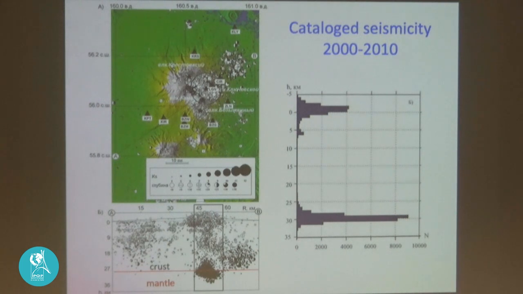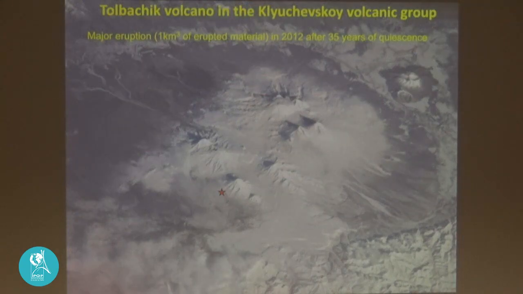I will just show you briefly that it turns out that most of these earthquakes are long period earthquakes. In the study I show you, we focused on the period from 2011 to 2012, because this was a preparation period of one of the major recent eruptions in this volcanic system, of the Tolbachik volcano.